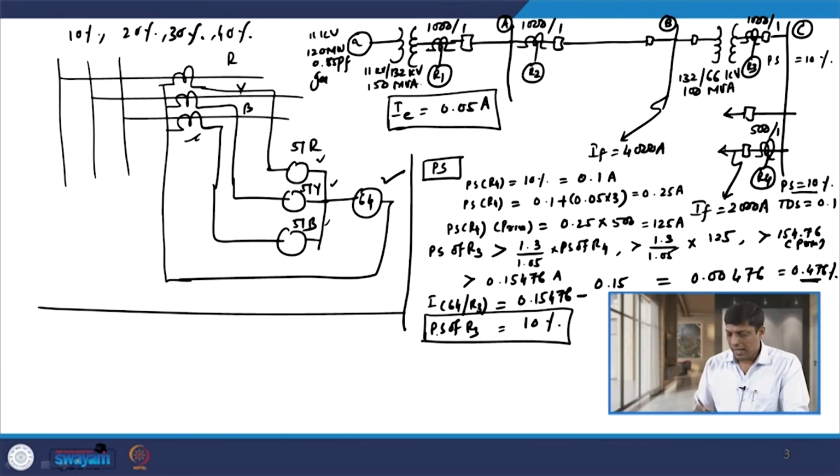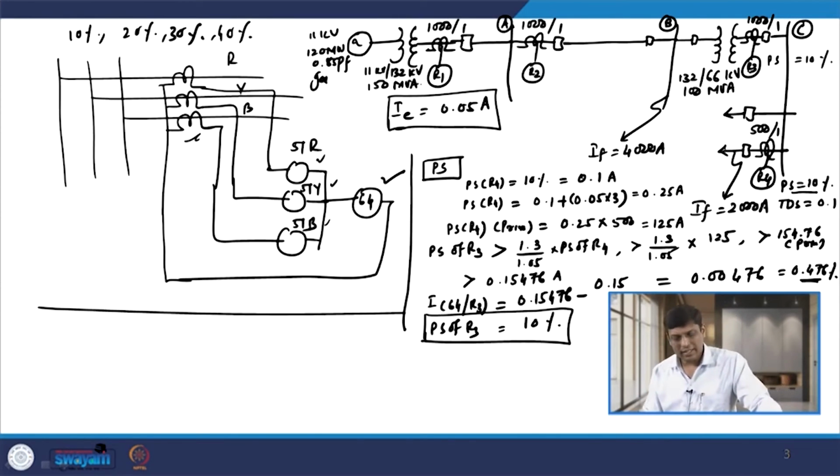Now, what about relay R2? Between relay R2 and R3, the star delta transformer is available, and as I told you while deciding the plug setting and time dial setting rules for ground relays, when we have a star delta transformer involved between two successive relays, R2 and R3 in this case, then we can set the plug setting and time dial setting of relay R2 independently.